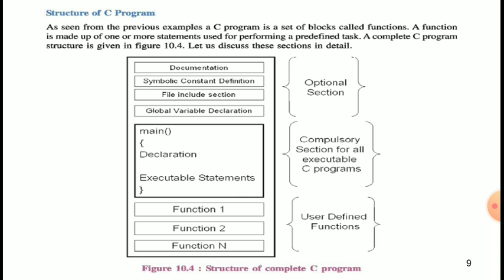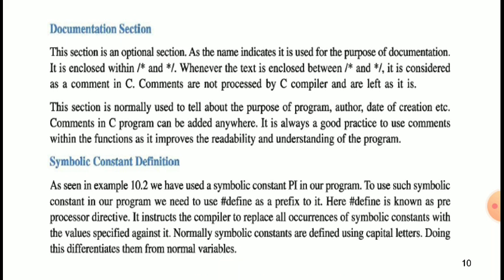So that is the optional section. The second part is compulsory for all executable C programs, that is main, starting curly bracket, declarations, executable statements, and ending curly bracket. And then third is user-defined functions, that is function 1, function 2, function n. So I will discuss the sections one by one.